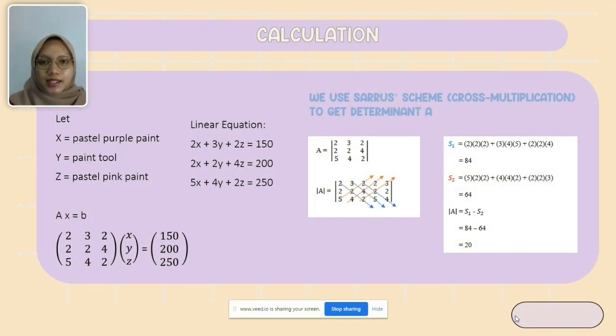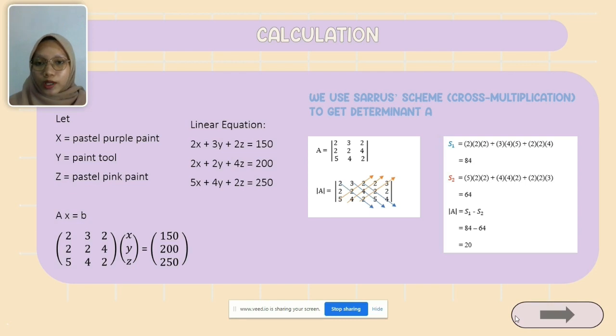Okay, next is the calculation. First step, we substitute each product with a variable: pastel purple paint equals x, paint tool equals y, pastel pink paint equals z. Next, we write the linear equations based on the information given.